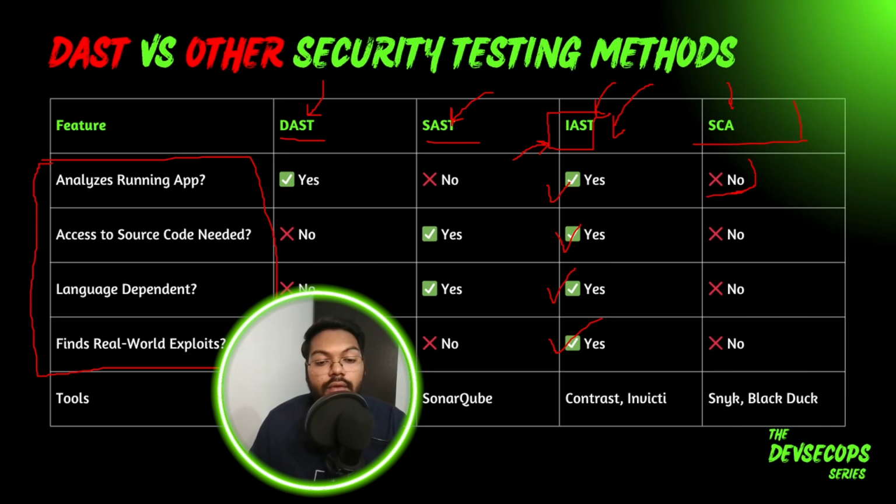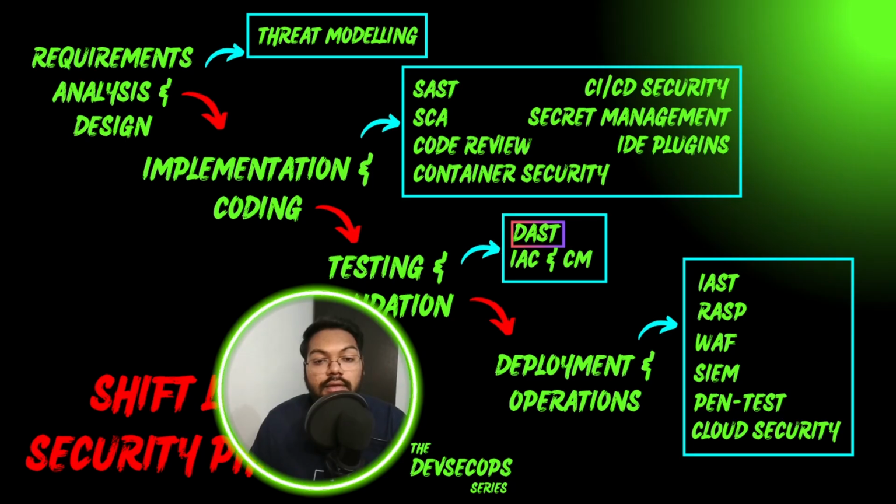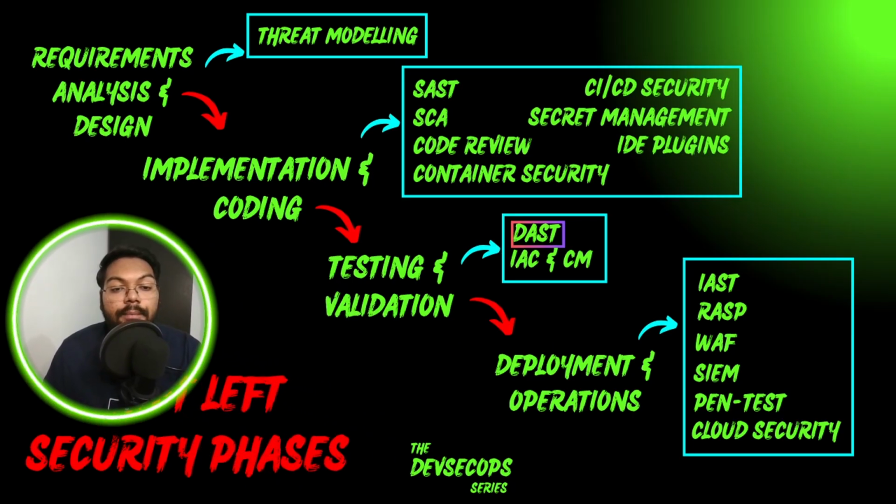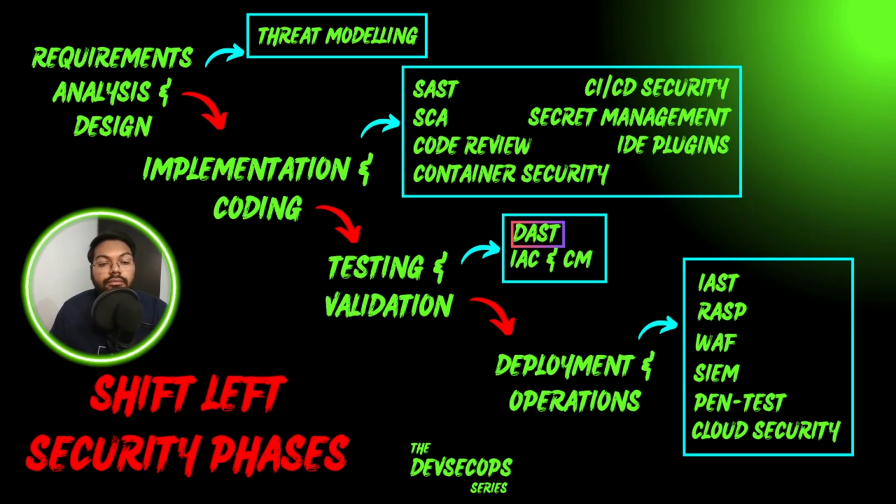For now, let's move to another slide and see where we are right now. In our previous videos, we have covered threat modeling, SAST, SCA, and some part of secret management or secret detection, and today we have covered DAST.